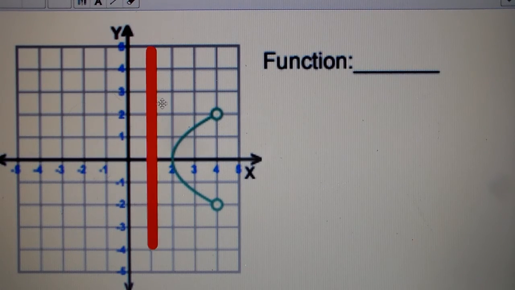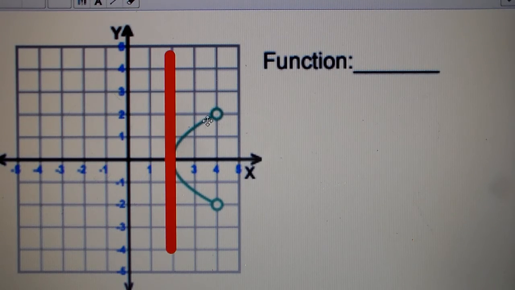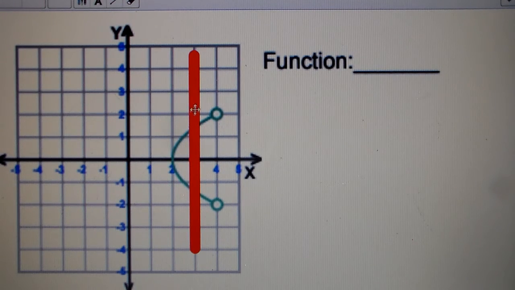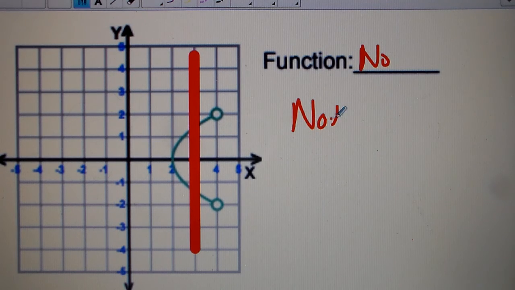However, if I move the vertical line here, the function only hits it once. However, if I move that red line here, the vertical line hits the function in two spots, once here and once here. Because it hits it twice, that means this blue line is not a function, so that'll be no. Not a function.